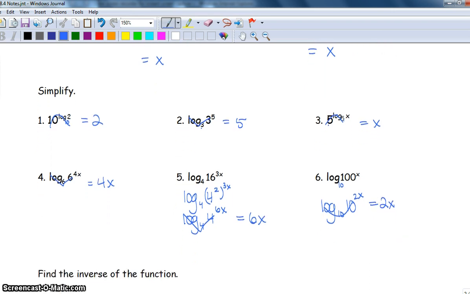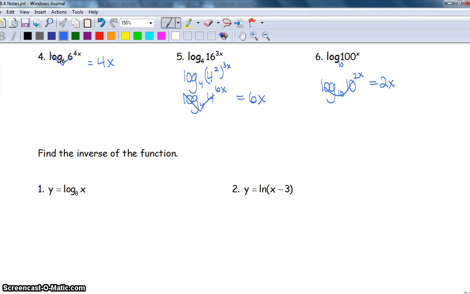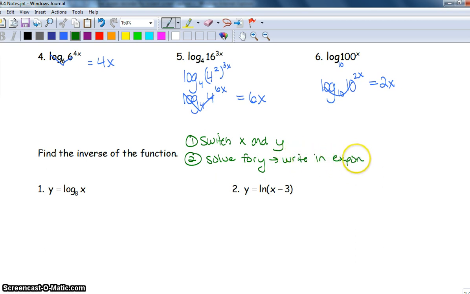Alright, our last thing for our notes is actually finding the inverse function. It's just like before. The first thing we do is switch x and y. And the second thing we do is solve for y. Now when we solve for y in this case, we want to be very specific and we want to make sure that we write our answers in exponential form.